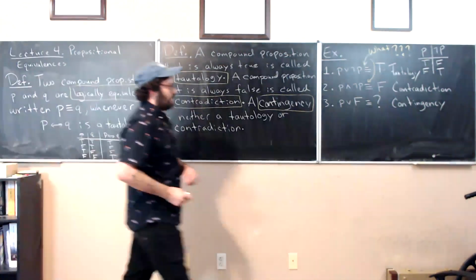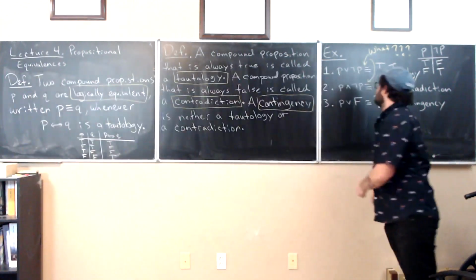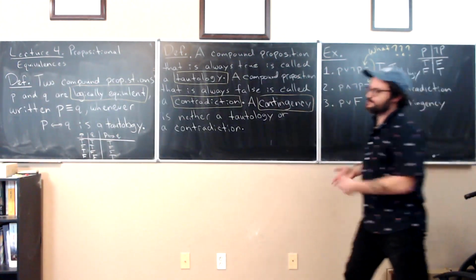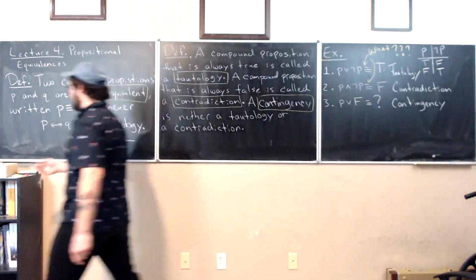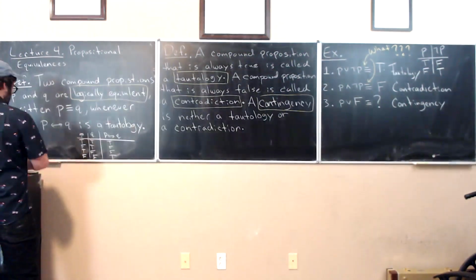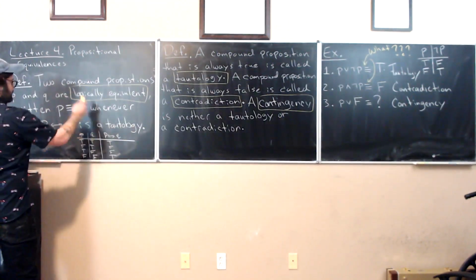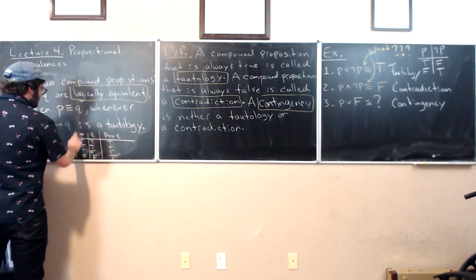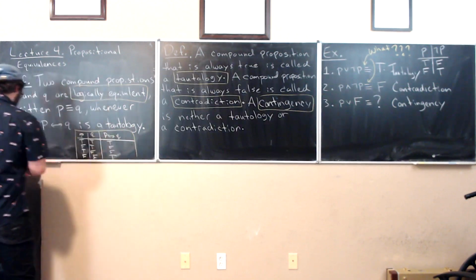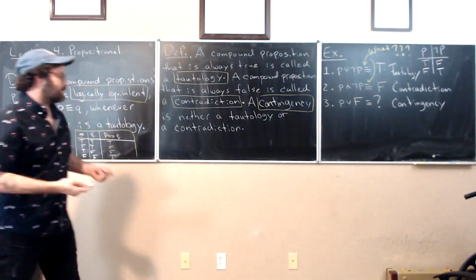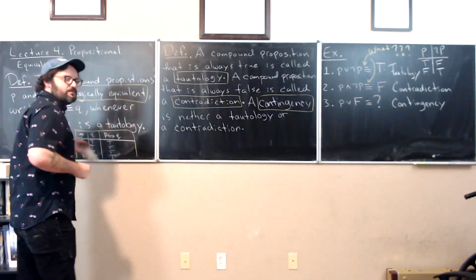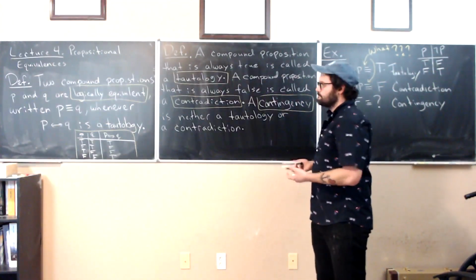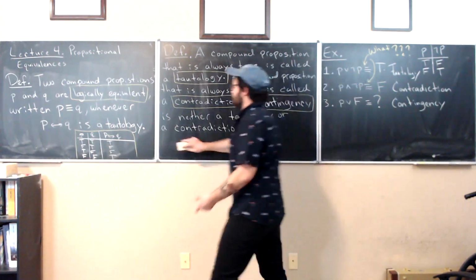So maybe we can, I think the best way to do it is just to give like a simple example, actually. So this is what it means for two compound propositions to be logically equivalent. And we have to remember what the biconditional statement means. So with that, let's do an example and show what logical equivalence means between two compound propositions.